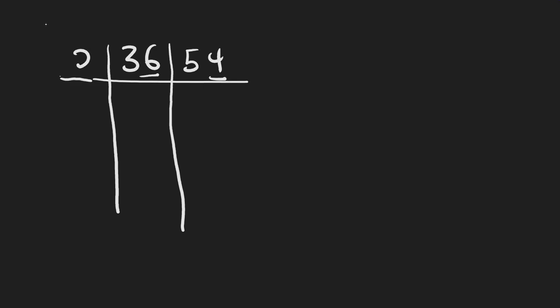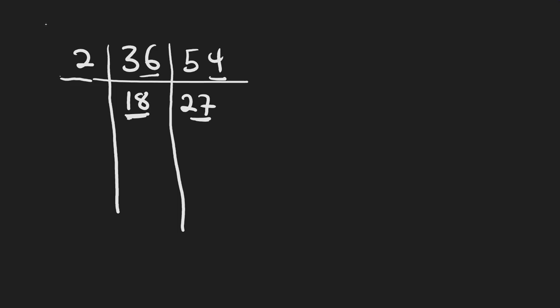So 2 here. 36 divided by 2 is 18, and 54 divided by 2 of course is 27, right? So is there a number that can divide both 18 and 27 at the same time? 2 can divide 18 but 2 cannot divide 27, so you are not allowed to use it.